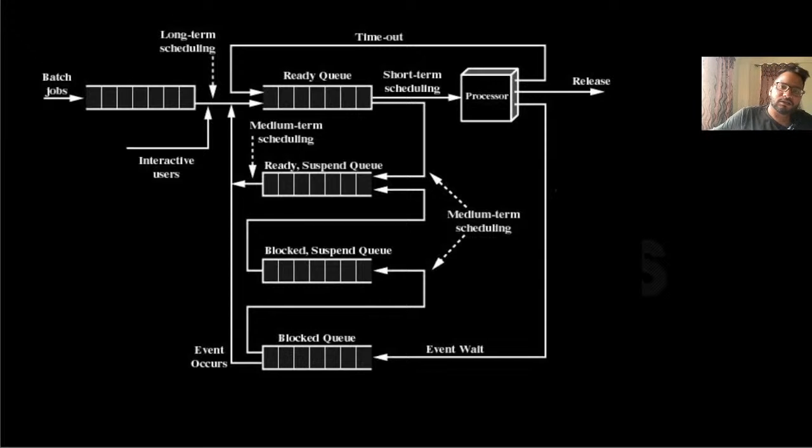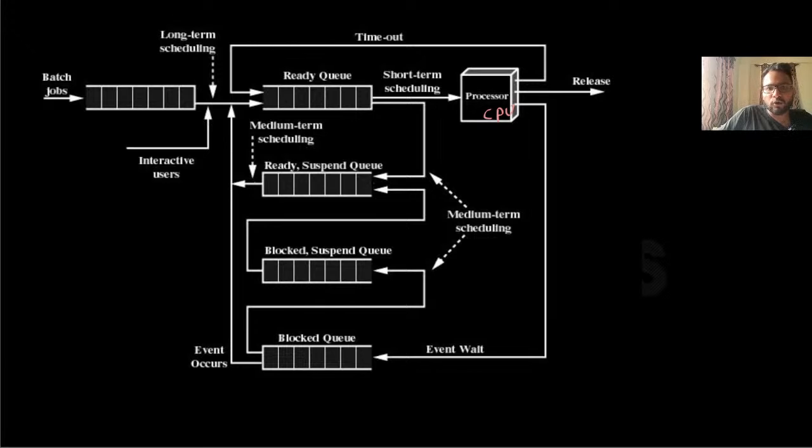See here, this is just a queue diagram. Initially you are putting jobs in the ready queue. These are the jobs that you want to run, and the long-term scheduler is putting them in the ready queue. Then the short-term scheduler is running them on the processor, which is the CPU. And then what will this medium-term scheduler do?